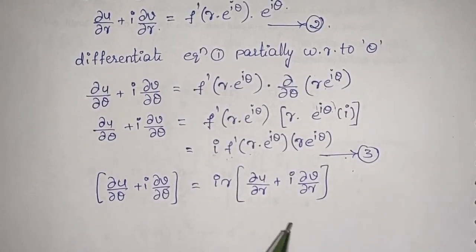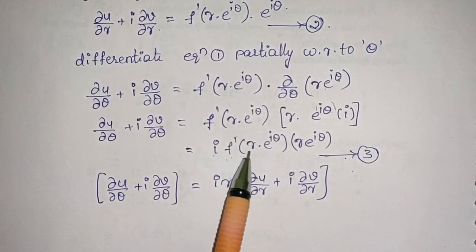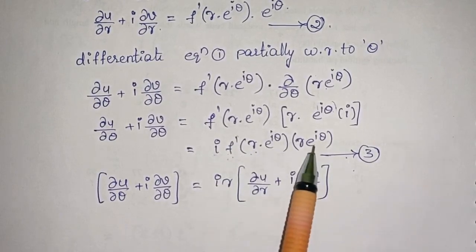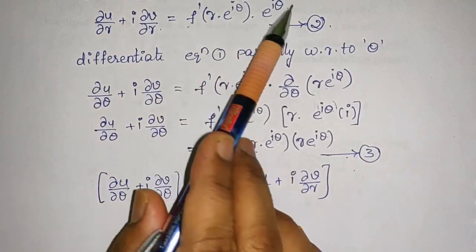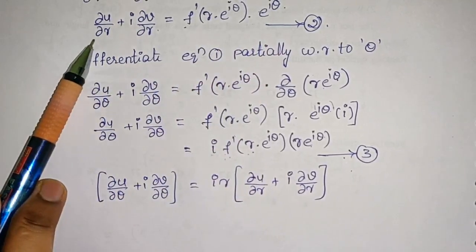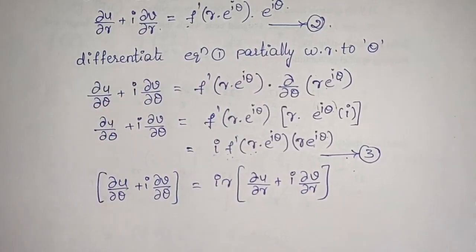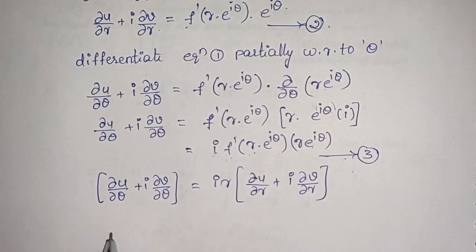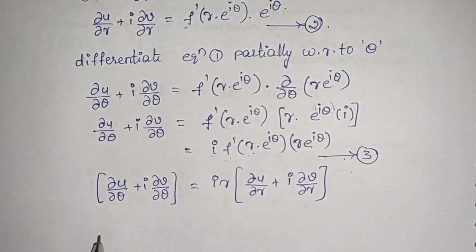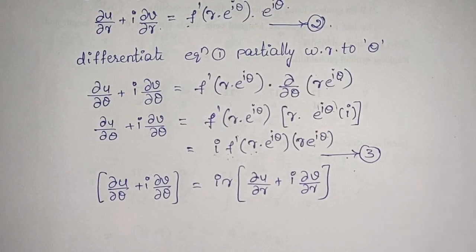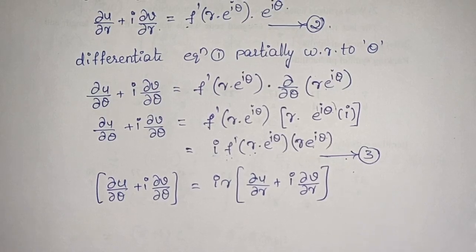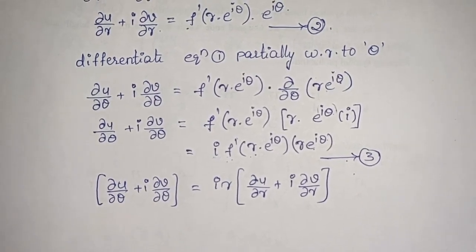Is this clear? In the place of f dash of r e power i theta into e power i theta, we are writing dou u by dou r plus i into dou v by dou r. Okay, now here we need to separate the terms, that is like a CR equation we need to extract from this equation. See that?